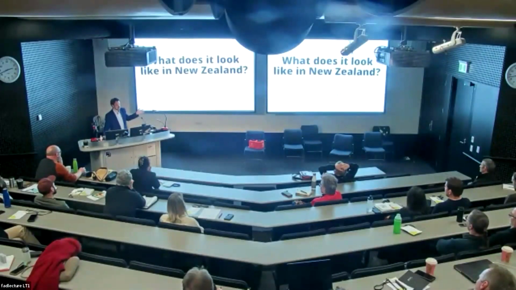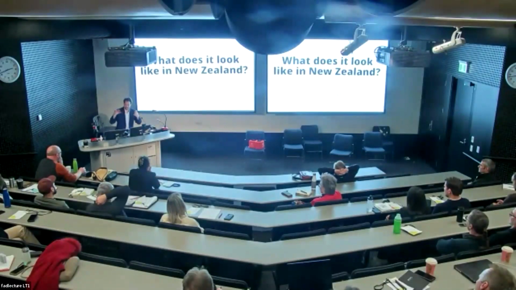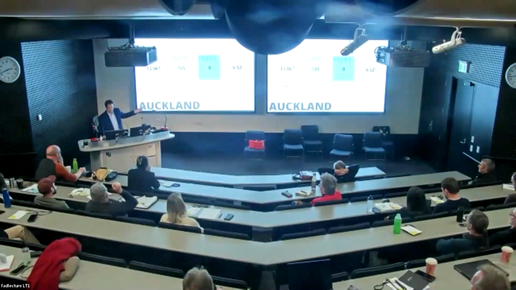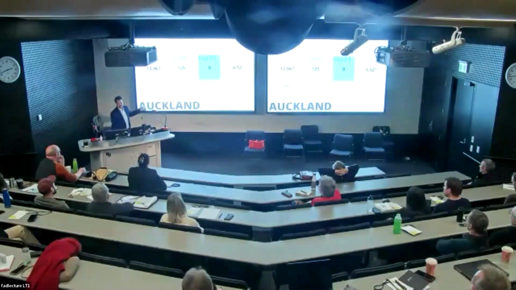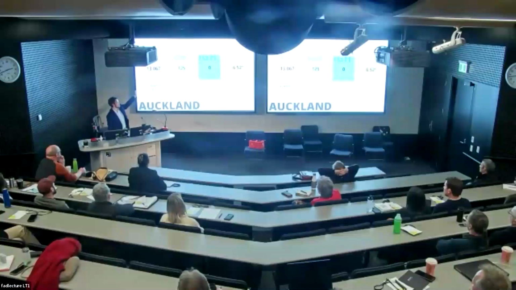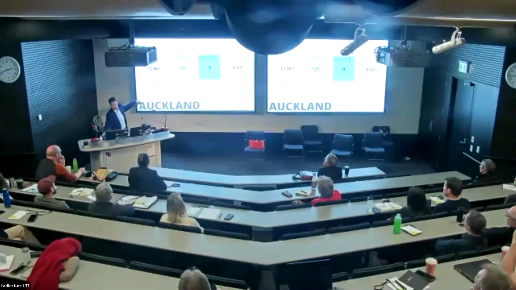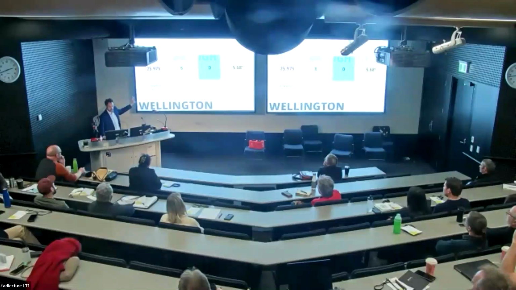But what does it look like in New Zealand? Just so you know what the similar thing looks like, because I'm talking about communication. In Auckland, we've got heating degree hours of roughly 13,000, and the Spec 44 metric comes up with 14.3 kilowatt hours per square metre per annum. In Wellington, it's 26,000 degree hours, about 30.1 kilowatt hours per square metre per annum.